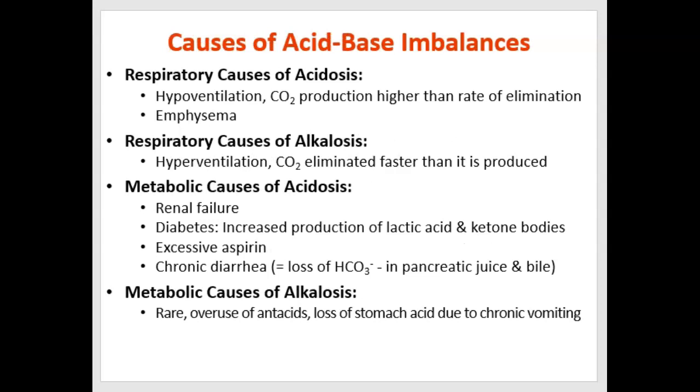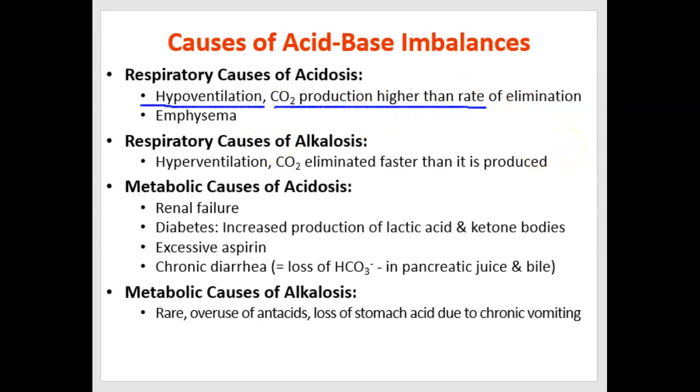So some causes of acid-base imbalances. I just want to first talk about respiratory causes because they're the most straightforward. If you have a respiratory disorder that decreases ventilation, hypoventilation, that means that CO2 is going to be high, at least higher than the rate of elimination.